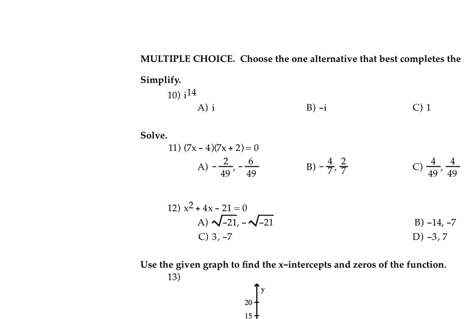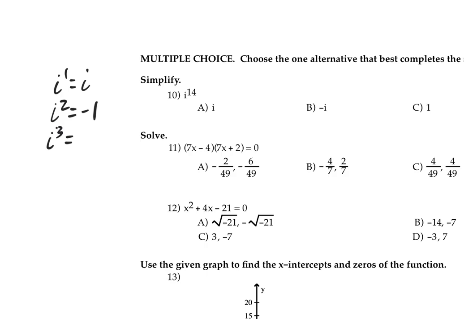On number 10, that's one of those i to the power ones that we talked about. Remember there's 4 that you have to remember. And if you can remember these first 2, you can pretty much generate anything after this. i to the first is i, that's pretty straightforward. i squared is -1, that's the one we always got to remember. i to the third is i squared times i to the first.